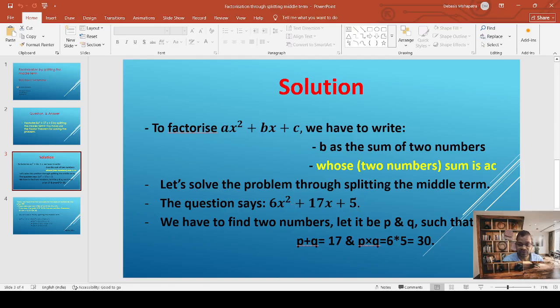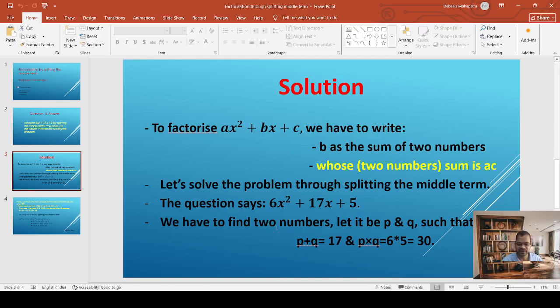So 6 into 5 is 30. So we have to find out two numbers where when we add them, the resultant value will be 17, and when we multiply them, it will be equal to 6 into 5, which means 30.